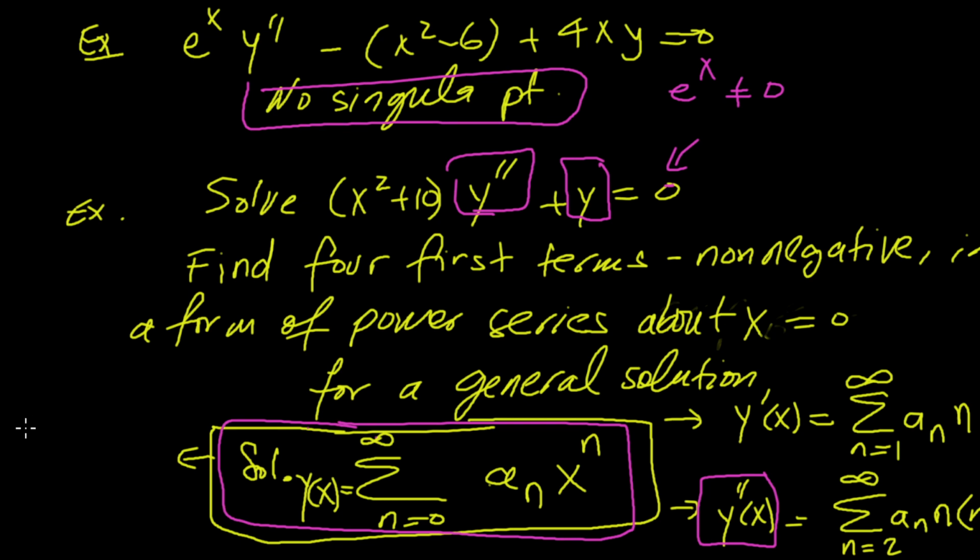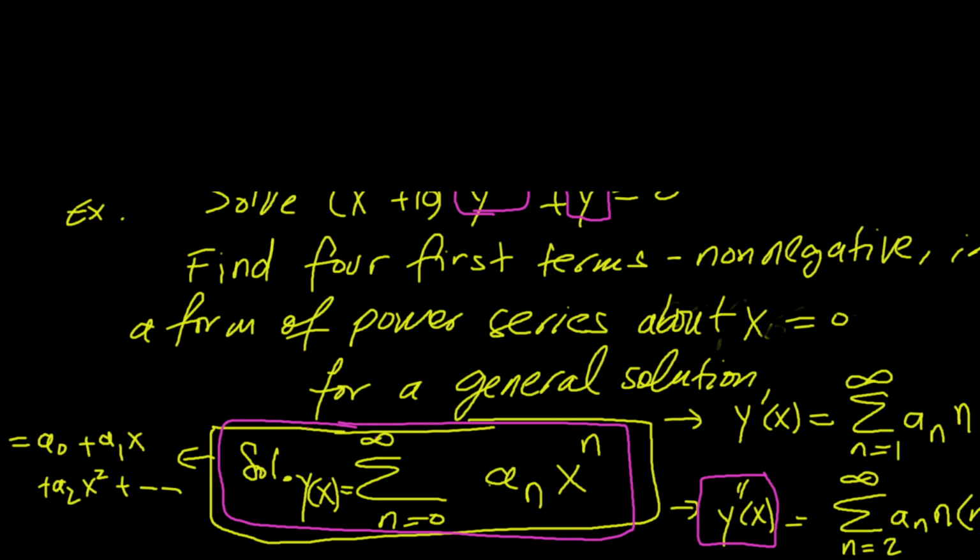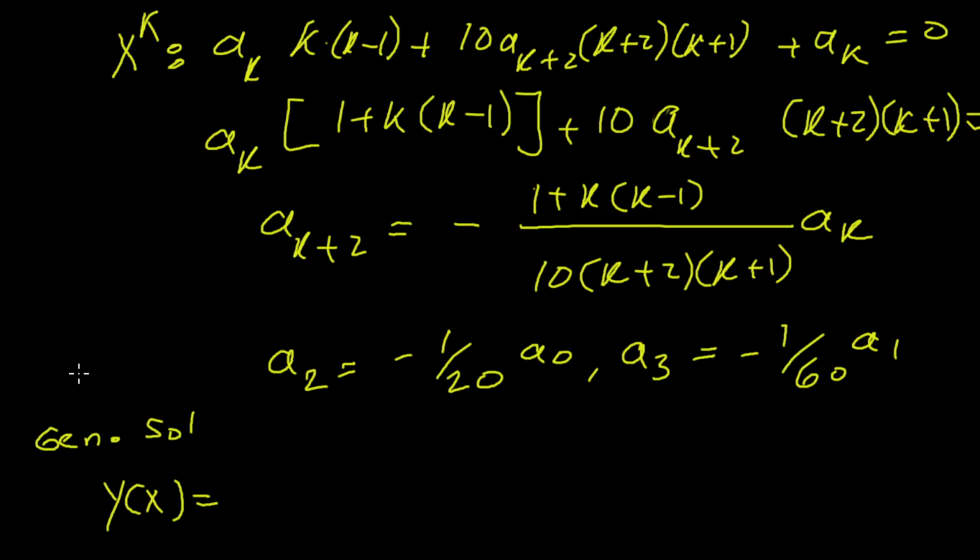So when you write this, it's going to be what? A naught x power 0 is just 1, then a sub 1 x power 1, right? A sub 2 x squared, and we keep going, right? So now we'll express the solution.